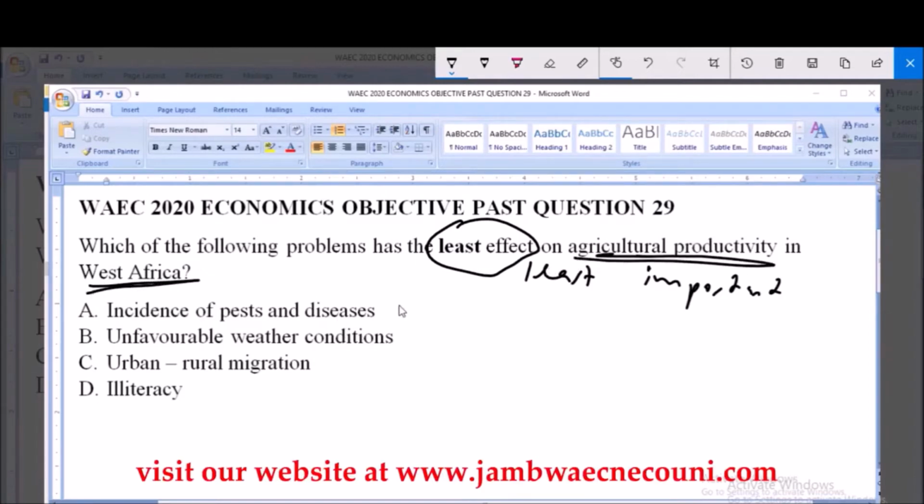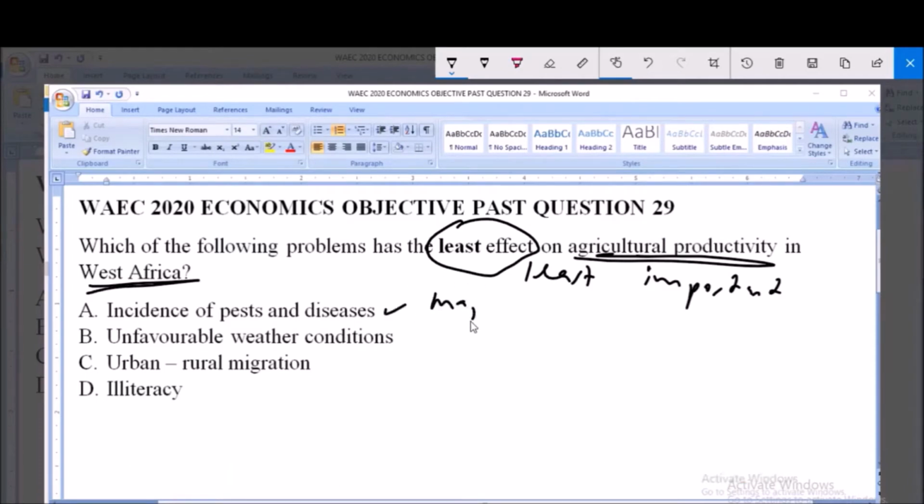Now let's analyze each of the options. Incidence of pests and diseases has major effects on agricultural productivity, as controlling pests and diseases of plants and also of farm animals is a major issue in West Africa. So it has a major effect, and we're asked for the one that has the least effect.